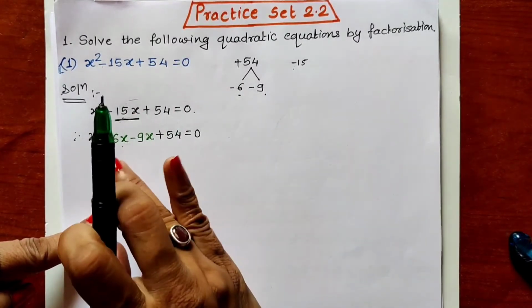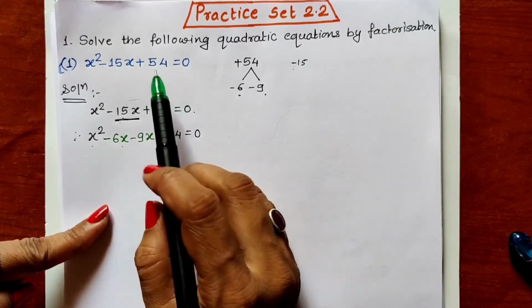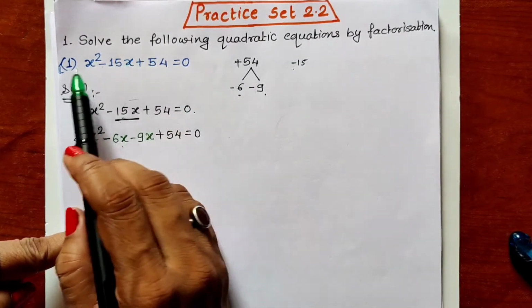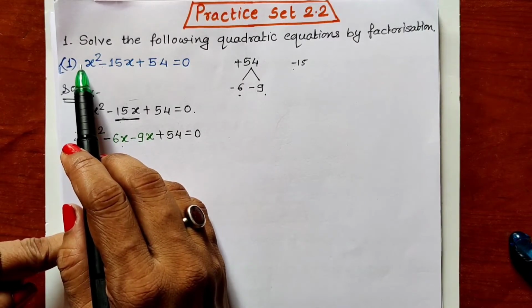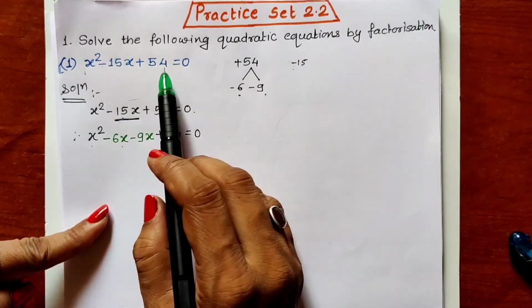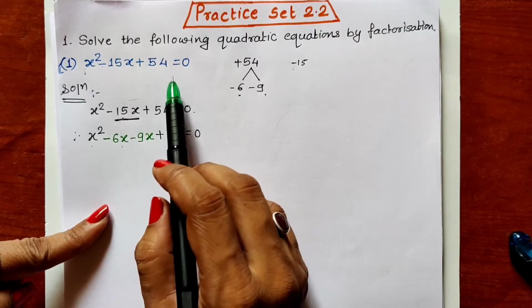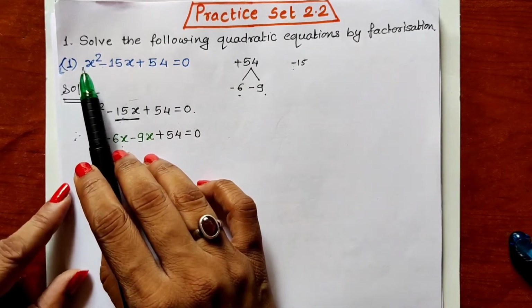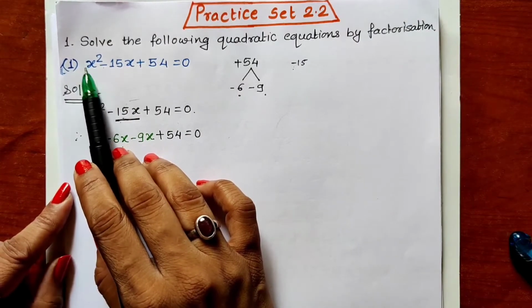The sum of these two terms should be the middle term. And how have we got minus 6x and minus 9x? When we got the factors of the constant term. When the coefficient of the first term is 1, at that time we find only the two factors of the constant term. Let us always check whether the coefficient of the first term is 1 or not.